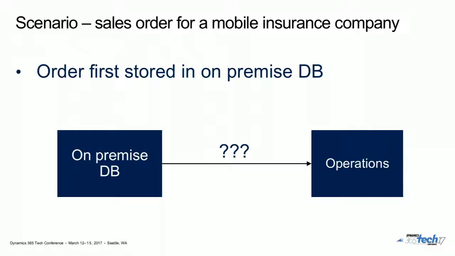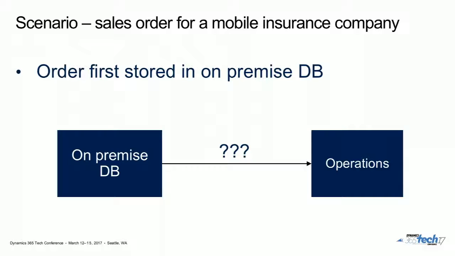In terms of one additional scenario, this customer is a mobile insurance company. They do insurance for most of the mobiles that are sold in the US. They have an on-prem application where the sales order is created, where the order is taken and stored, right?